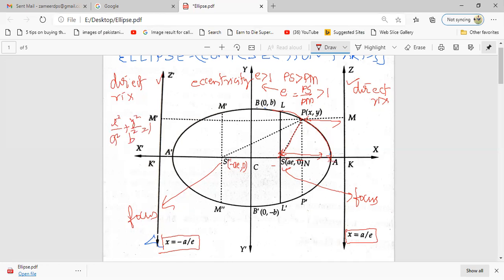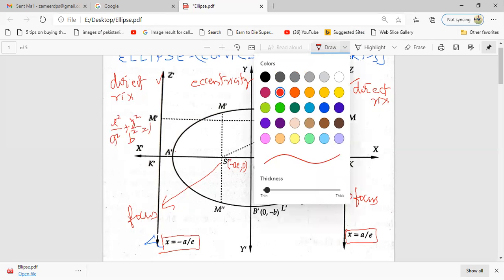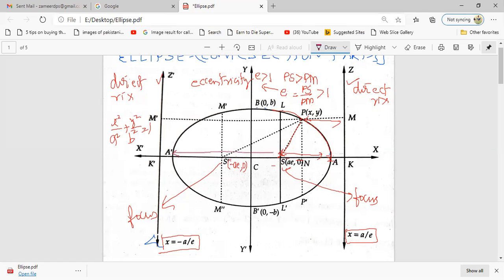This distance from A to A dash is the major axis, and B to B dash, this whole distance, is called the minor axis.